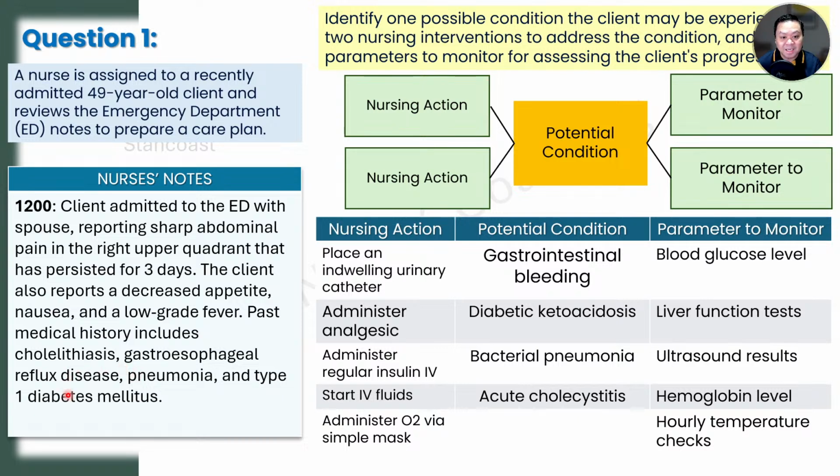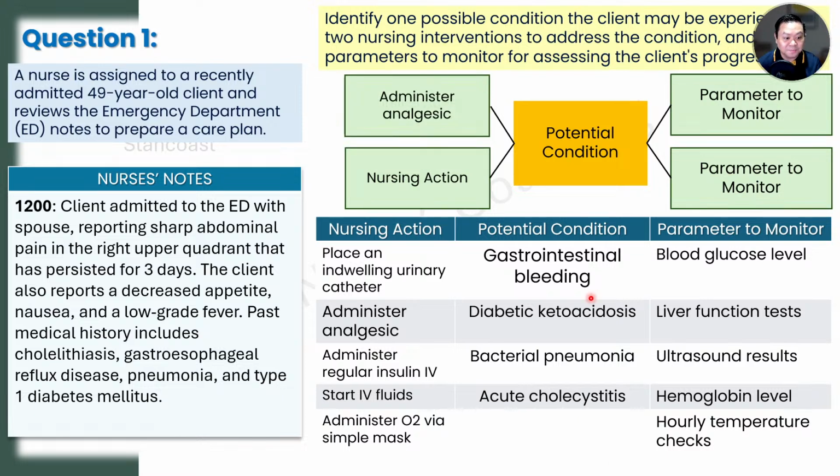And while the gastroesophageal reflux disease may also raise the possibility of gastrointestinal bleeding, it is less relevant in this scenario. Now, we also have the history of pneumonia, and type 1 diabetes can also increase the risks for bacterial pneumonia and diabetic ketoacidosis. But ultimately, the acute cholecystitis is the most likely condition based on these details.